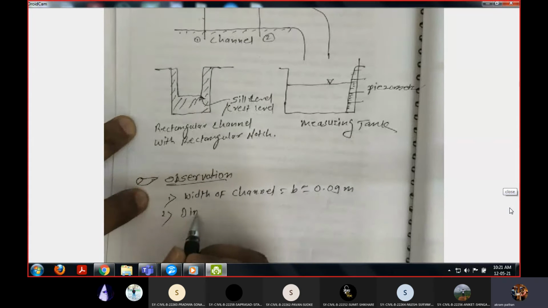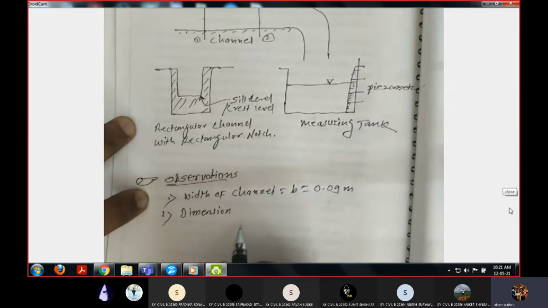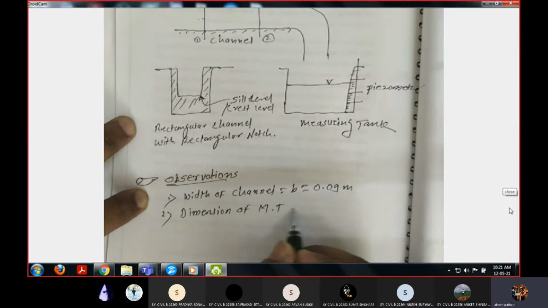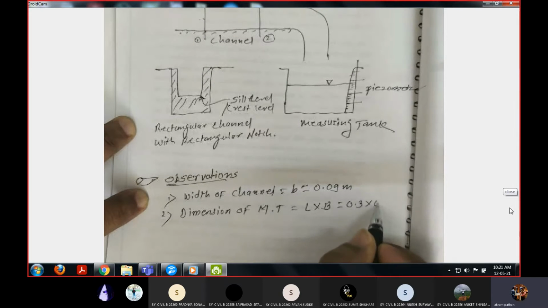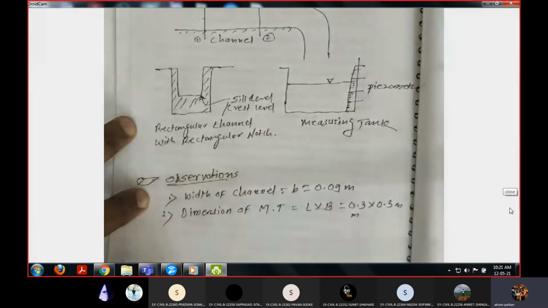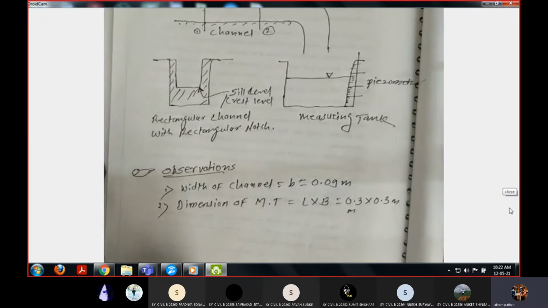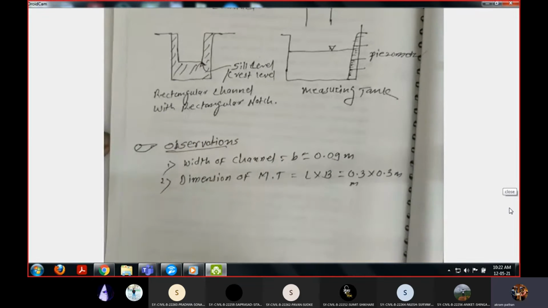Then the dimensions of the measuring tank, L into B. So the length is 0.3 meter and the width of the measuring tank is also 0.3 meter. So these are the observations we require.